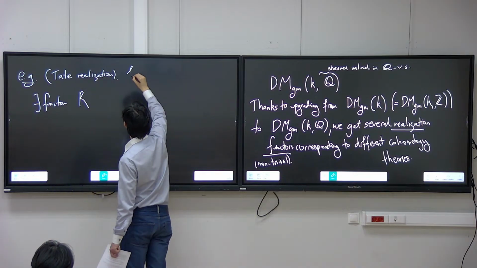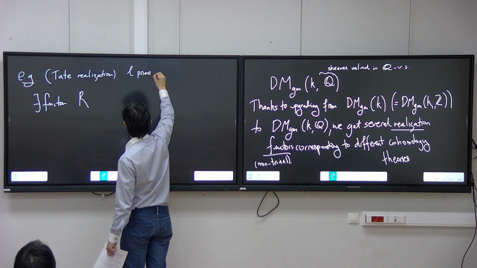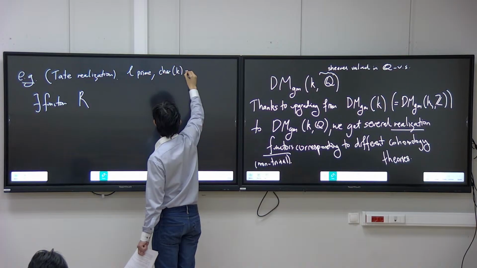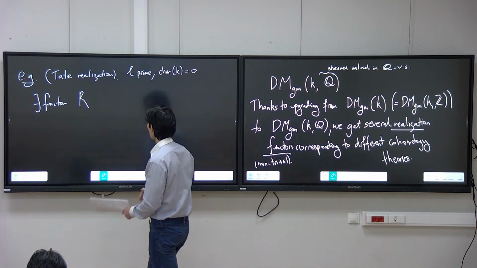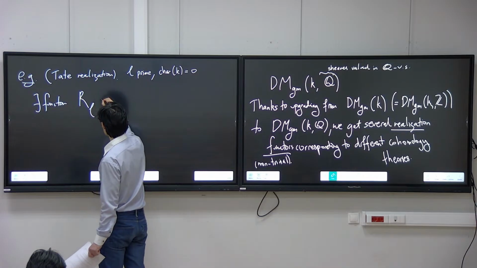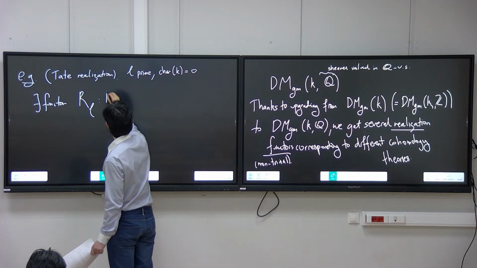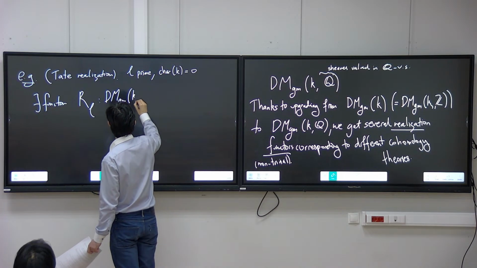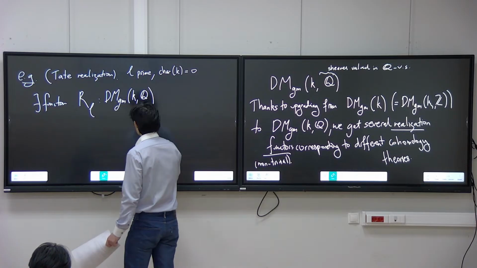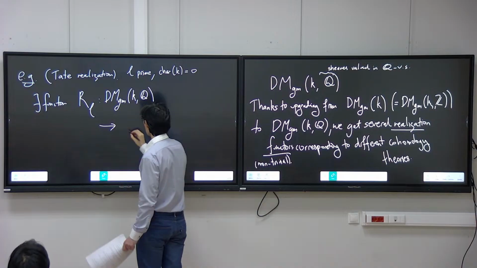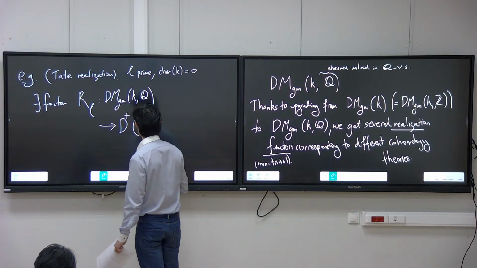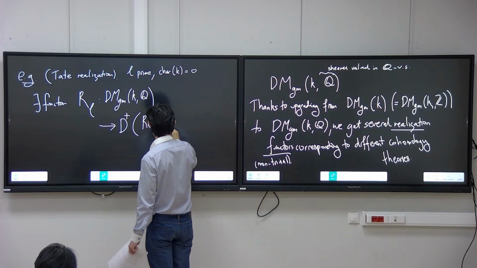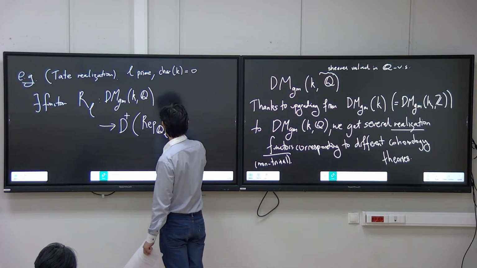The setup here is l is some prime, and let's just take the characteristic of K to be 0, so I don't have to worry about l not equaling the characteristic of K. Then there exists a realization functor, R_l, from DM_gm of K with Q coefficients to the derived category of the Tannakian category of Q_l-bar representations of the absolute Galois group.